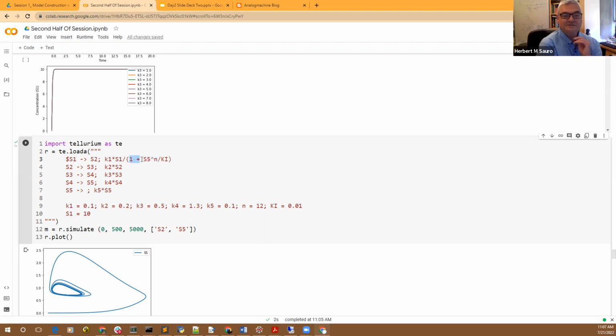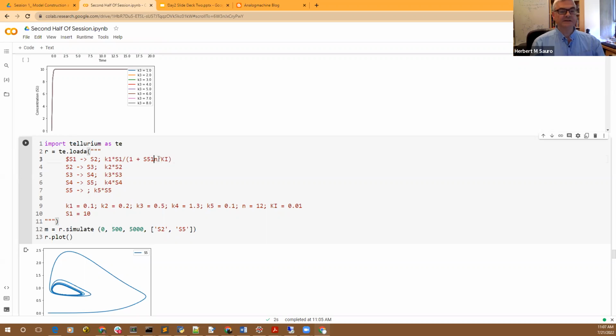This is to avoid divide by zeros, because if S5 goes to 0, I'll get a divide by 0. So I maintain a non-zero denominator by always adding 1. The other thing, then, I have this to the power. This is to ensure that the reaction rate is very sensitive to changes in S5.